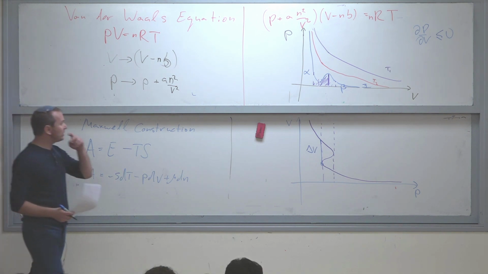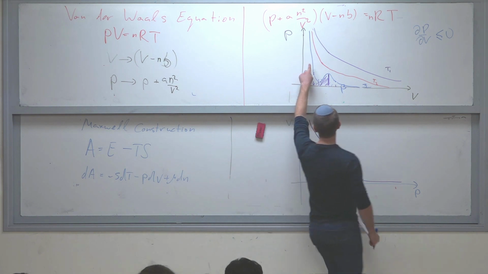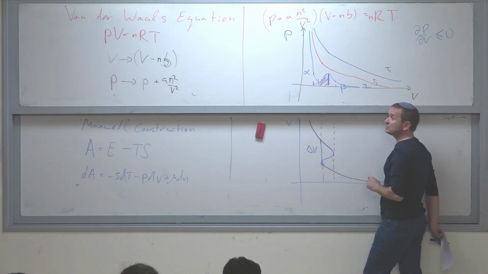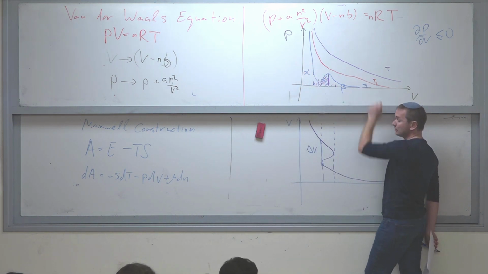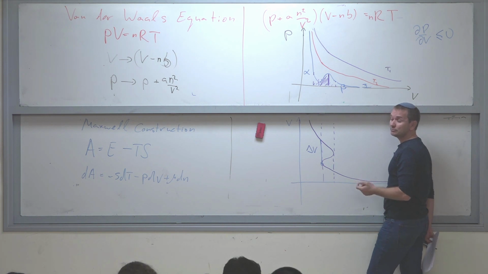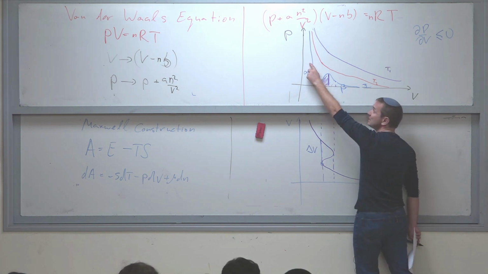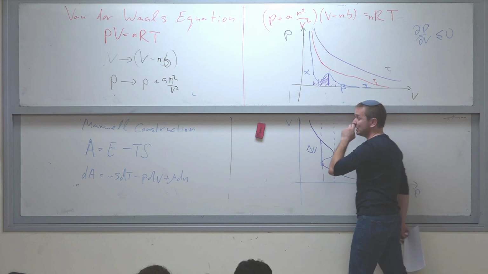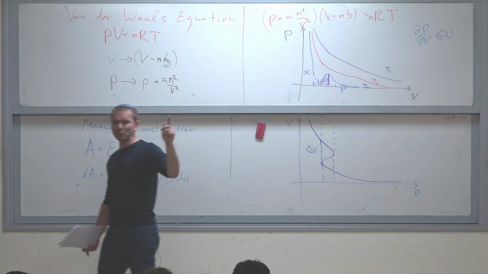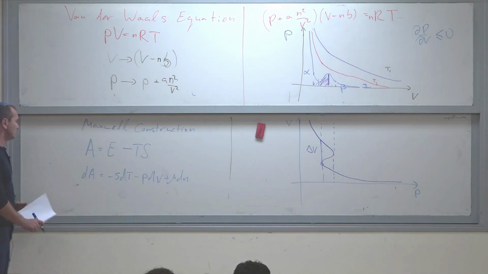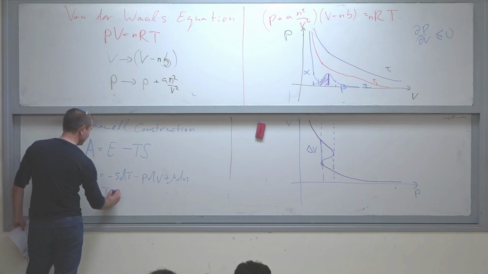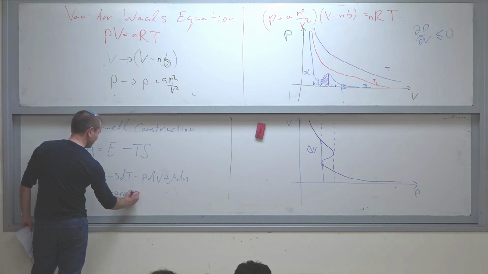Now, we're looking over here at the behavior for constant temperature. Each line over here is plotted for different temperatures, but over the same line, the temperature is not changing. So if I'm looking at this one specific isotherm, T is constant.